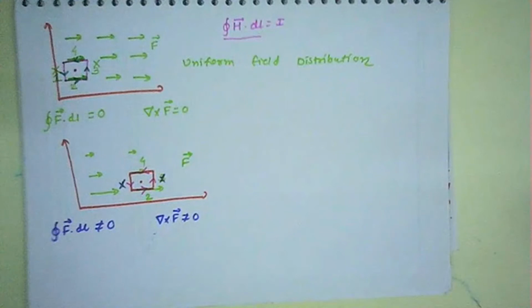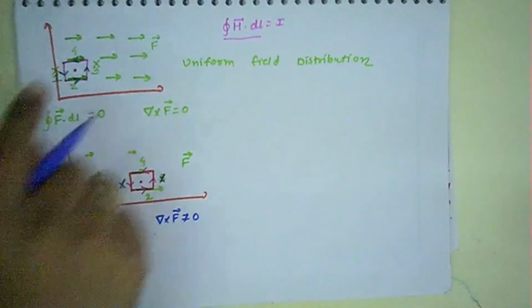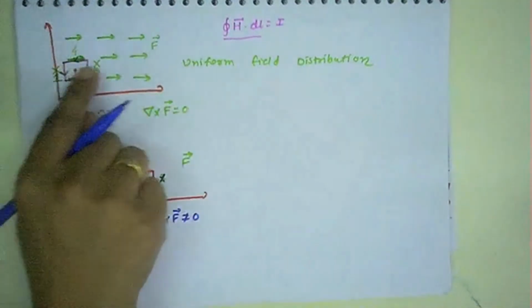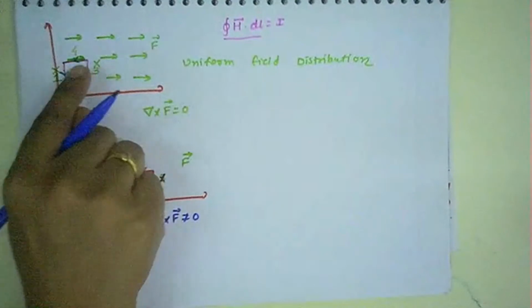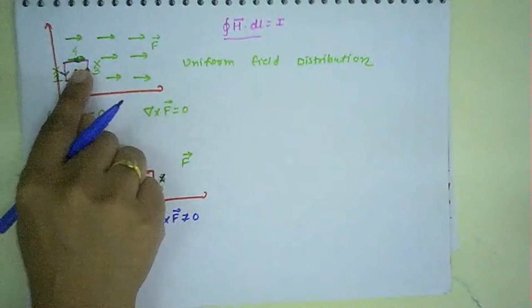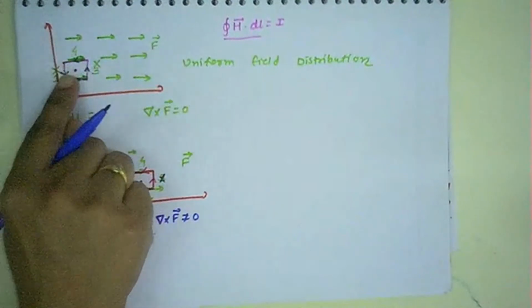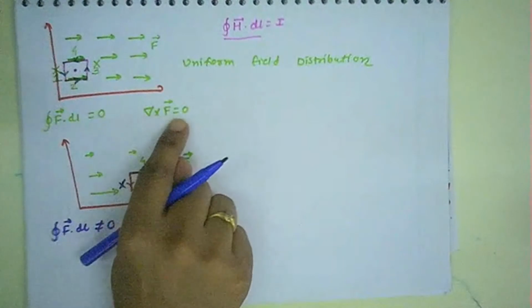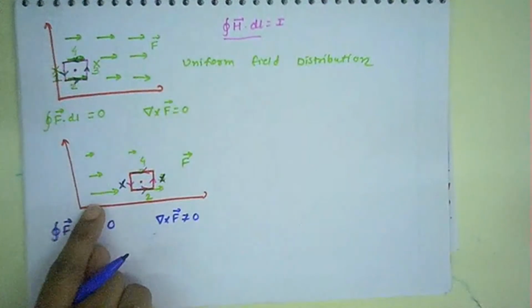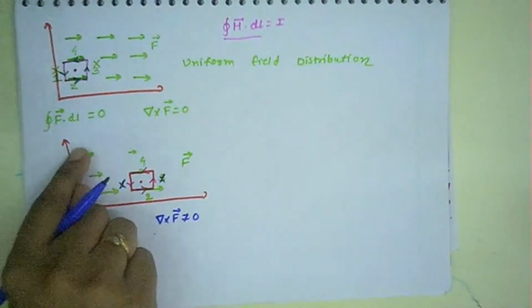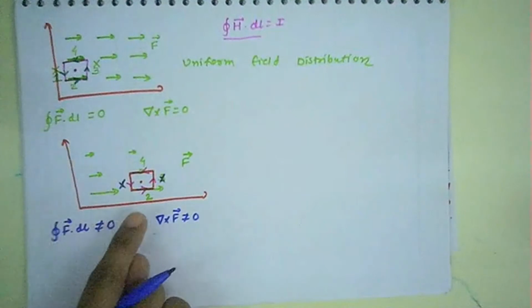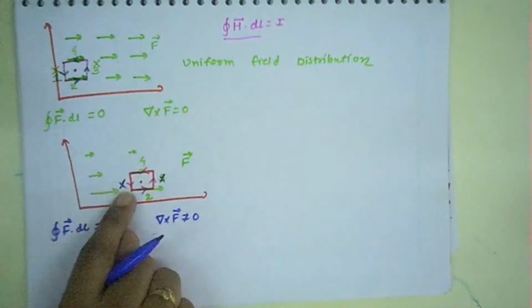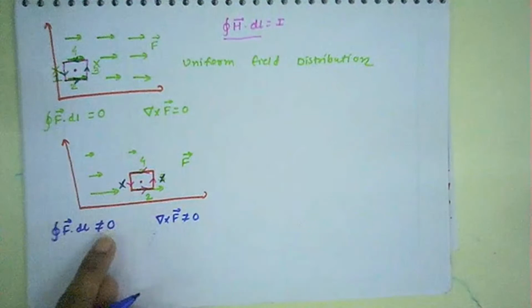So this is how we find out: if it is uniform, not varying at any point, there would be no circulation. If there is no circulation, the curl would be 0. If we have a variation in the field and we have a certain closed path integration, then it would not result in 0, it would be non-zero.